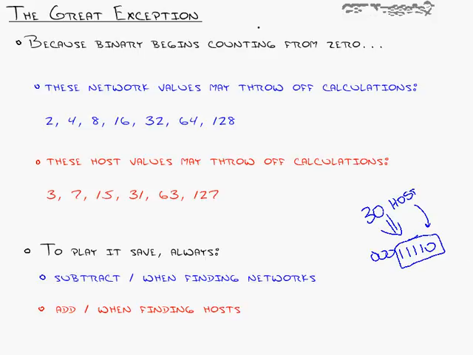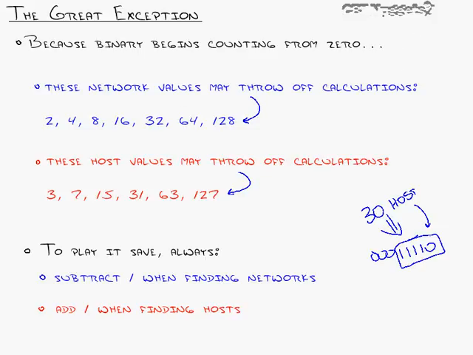Now, the great exception is kind of related to this whole process and how binary works. Because binary begins counting from 0, these network values may throw off your calculations for the number of networks, and these values may throw off your calculations for the number of hosts. Let me take one of them.